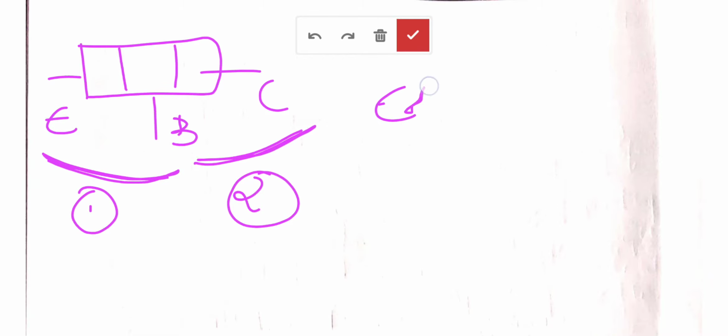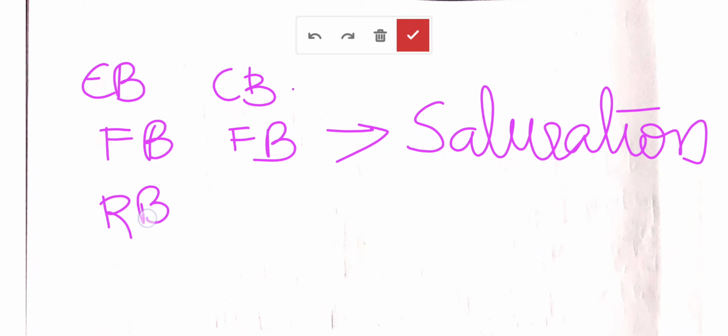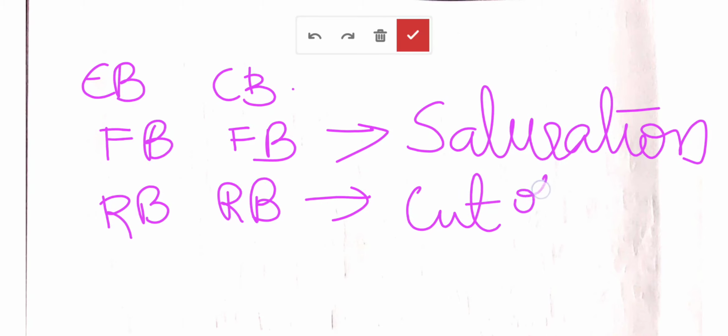If the emitter base and collector base junctions are both forward biased, then that mode of operation is known as saturation. If both are reverse biased, then that region is known as cutoff. That mode of operation is known as cutoff.